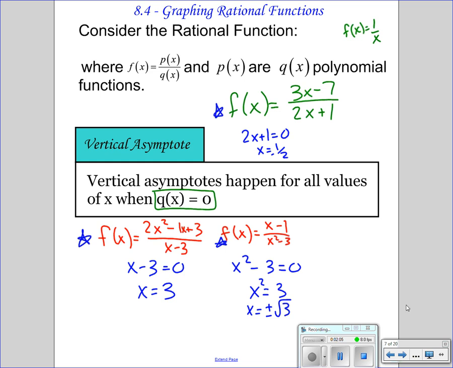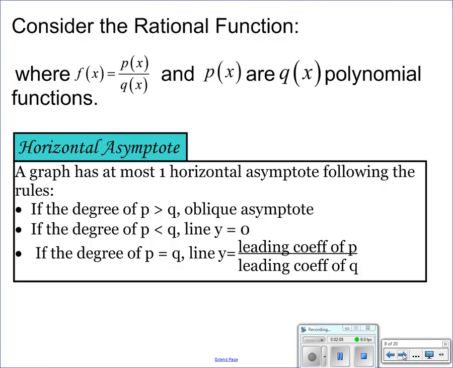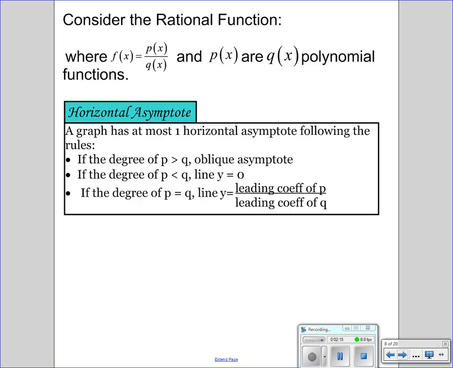The horizontal asymptotes are a little bit more complicated. You have to remember these rules. A graph has at most one horizontal asymptote, with the following rules.